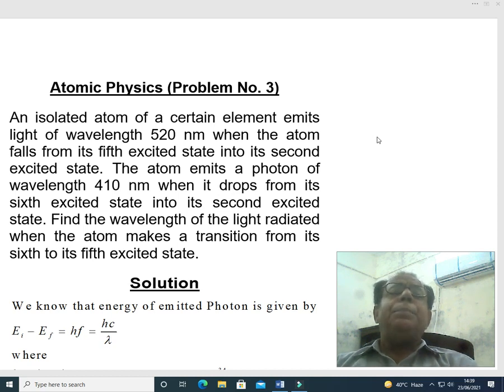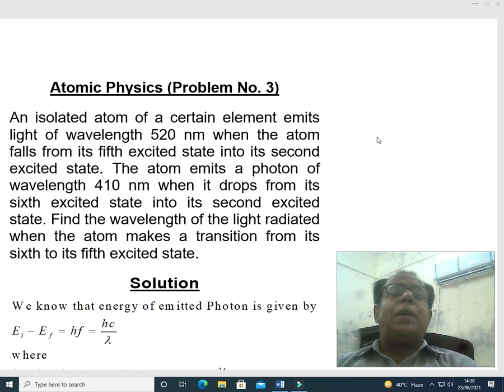Milli means 10 to power minus 3. Micro means 10 to power minus 6. And nano means 10 to power minus 9. An isolated atom of a certain element emits light of wavelength 520 nanometer.